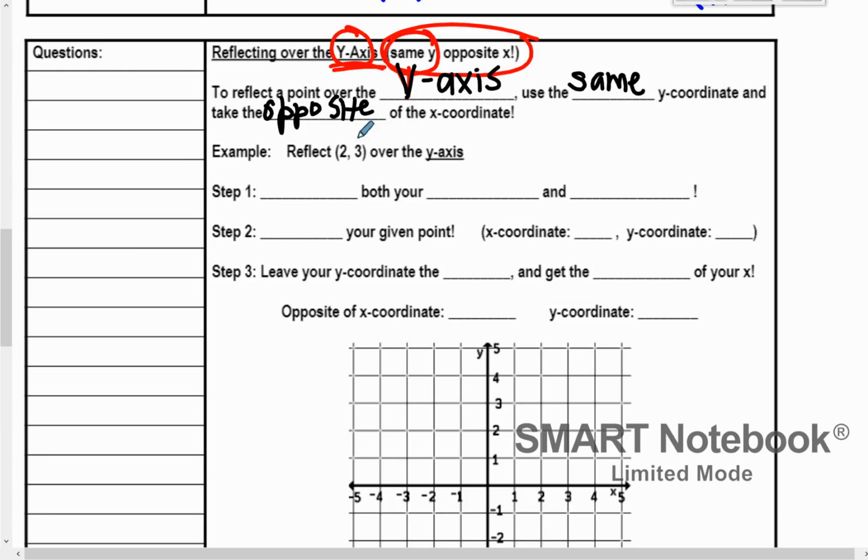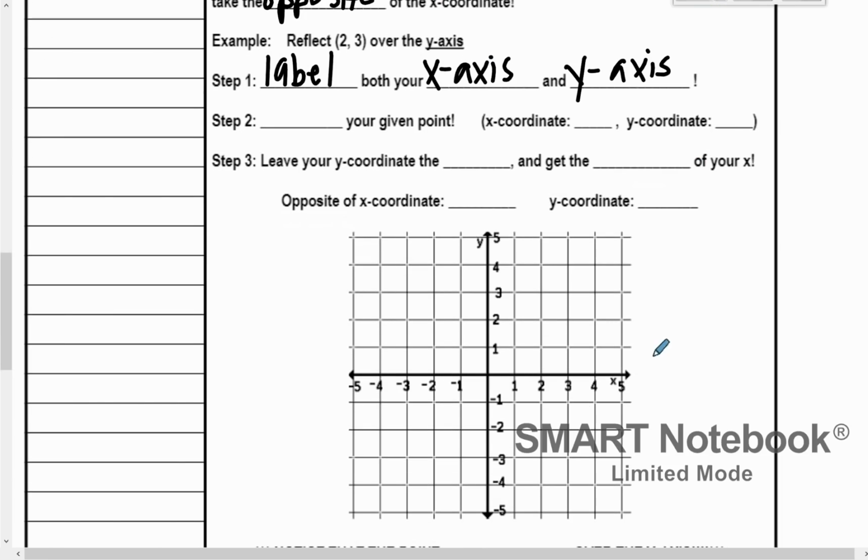We want to reflect (2, 3) over the y-axis. So our first step is to always, always, always label both our x-axis and y-axis, even if they already are. Make it stand out, so you do not make the silly mistake of accidentally reflecting it over the wrong axis.